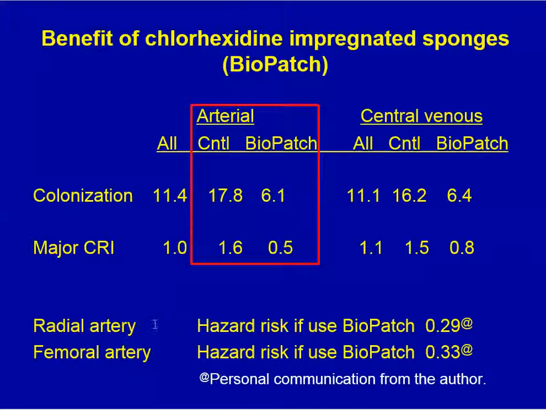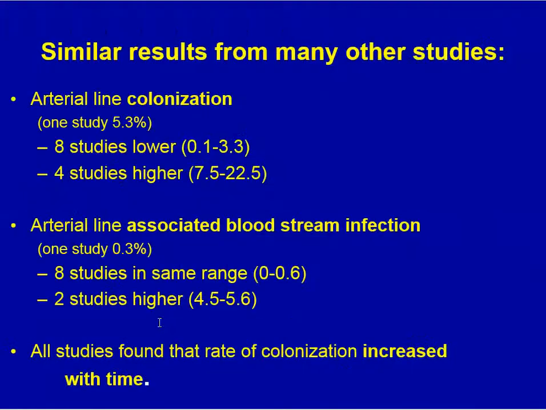And the same was found for both radial artery lines and femoral artery lines. Similar results have been found in many other studies with a colonization rate of somewhere around 5% and a bloodstream infection rate of somewhere around 0.3%.